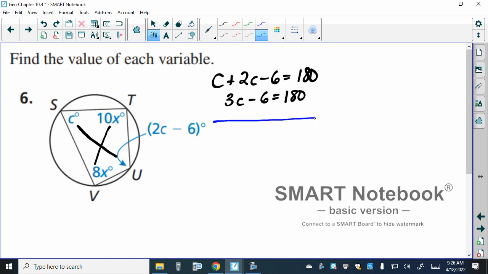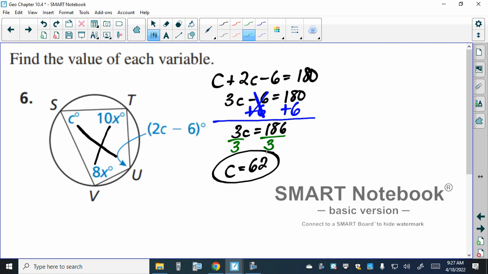Then what can we do next? Add 6 to both sides, because negative 6 plus 6 is 0, leaving us with 3C is equal to 186. And then we would divide both sides by 3. 3C divided by 3 is C, and 186 divided by 3 is 62, so the value of C is 62.